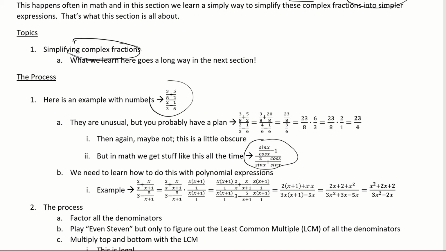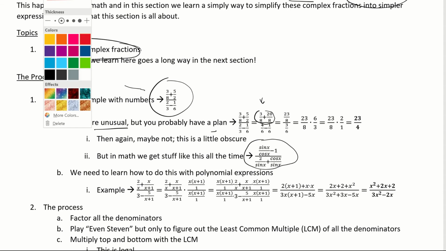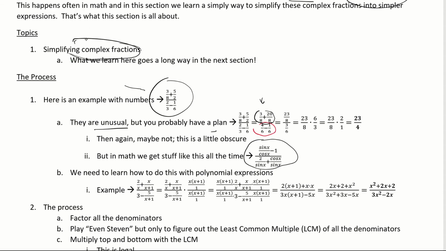In arithmetic, we might have seen something weird like this one I'm pointing out to you right here. It's talking about 3/8 plus 5/2, and then you're going to divide by 2/3 minus 1/6. And I go, they're pretty unusual. You might have a plan already from arithmetic in the past. I think what most people tend to do is they remember something about, well, if I add the numerators and the denominators together, I get a fraction over a fraction.